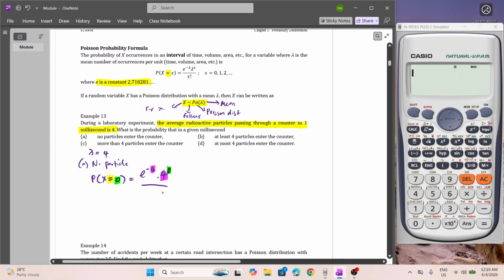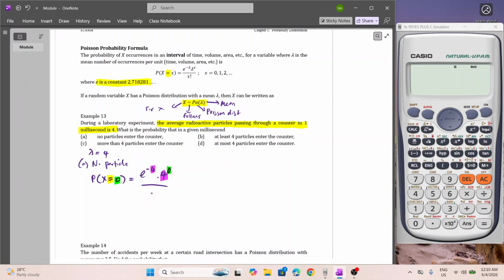And this is over x factorial. In our case, x is equal to 0 factorial. Right? So you can just calculate by using the calculator. Okay, so this is the calculator here. So for this example, you may want to open two brackets first, right? And then find the first one. Okay, in the first one, okay, so where is it?